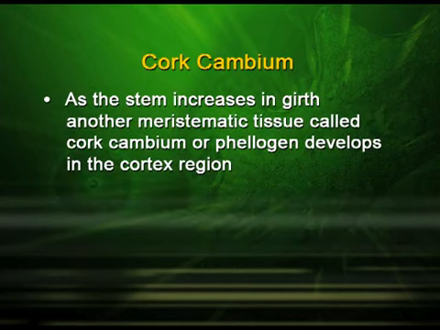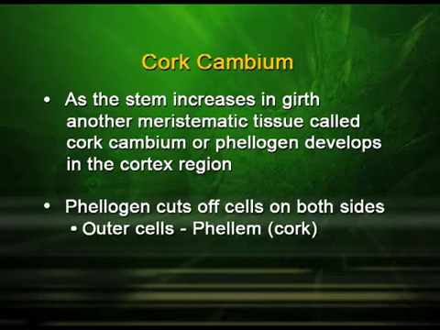Cork cambium plays a very important role in the secondary growth. As the stem increases in girth, another meristematic tissue called cork cambium or phellogen develops in the cortex region. The phellogen cuts off cells on both sides. The outer cells are known as the phellem, which is the cork.